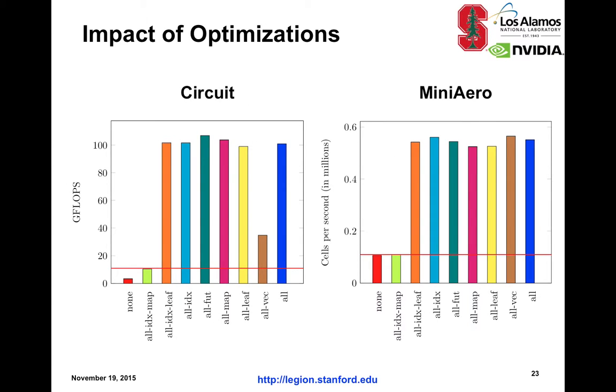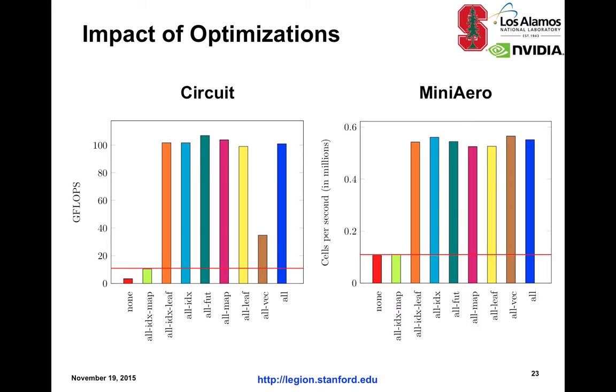And then finally, we looked at the impact of the various optimizations performed. What's particularly interesting here is that with the exception of a couple of optimizations like vectorization, which had a significant impact on threaded performance, most of the optimizations had very little impact when disabled by themselves.